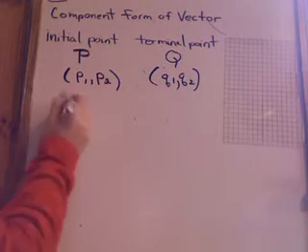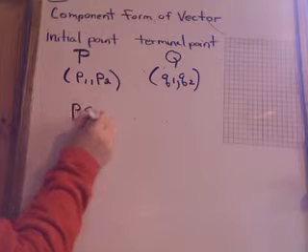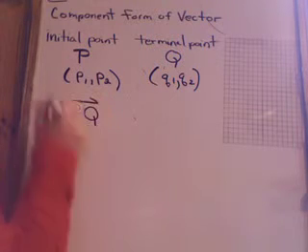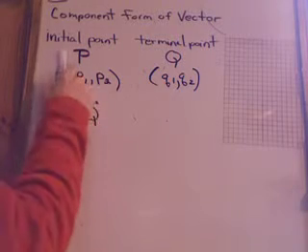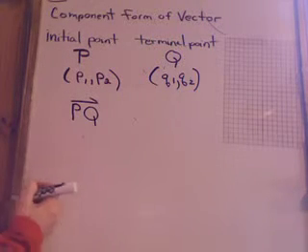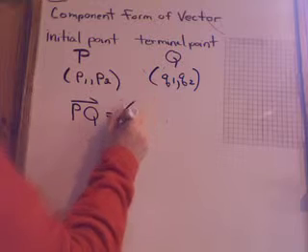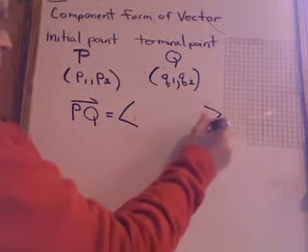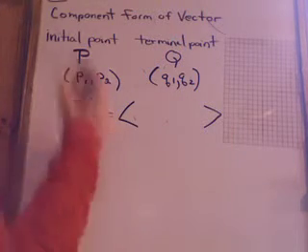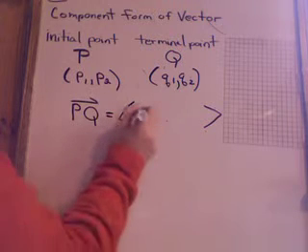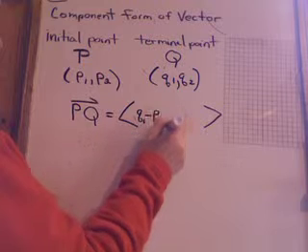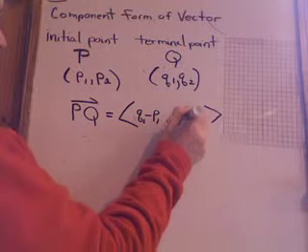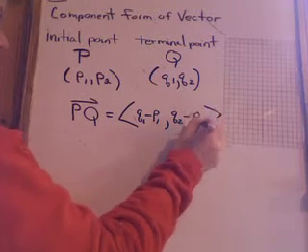So if I want to talk about the vector PQ, starting at P and ending at Q, initial point P, terminal point Q, I can write it in vector notation, or component notation, as Q1 minus P1 and Q2 minus P2.